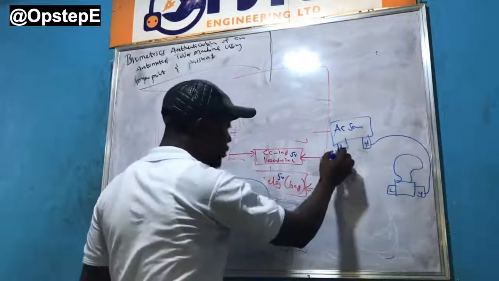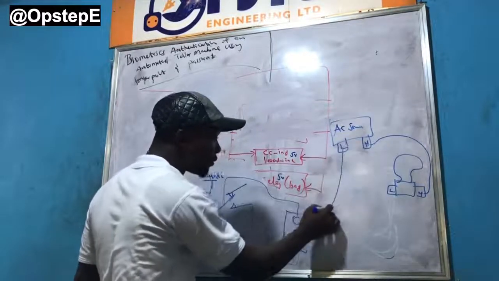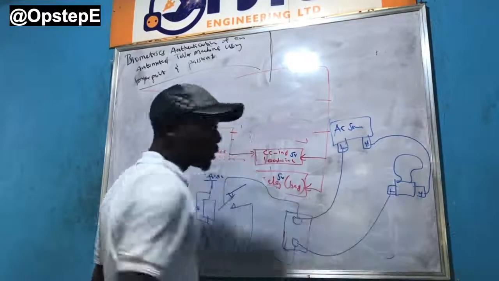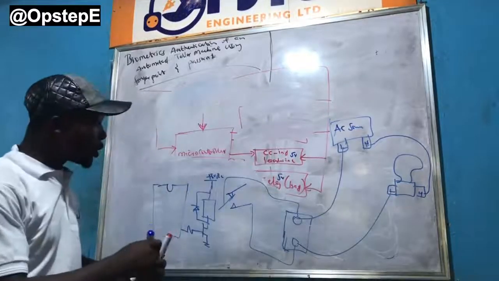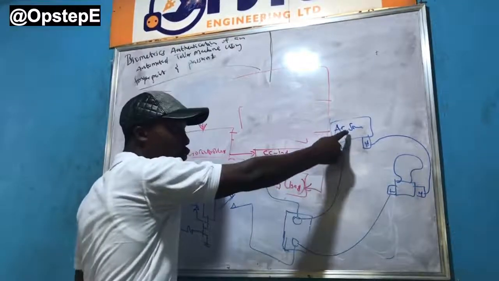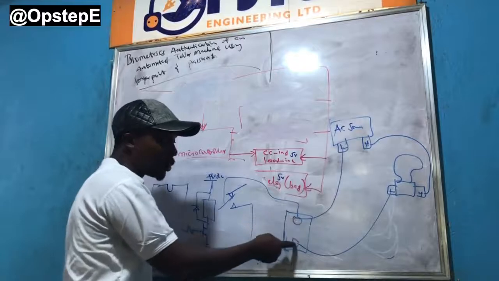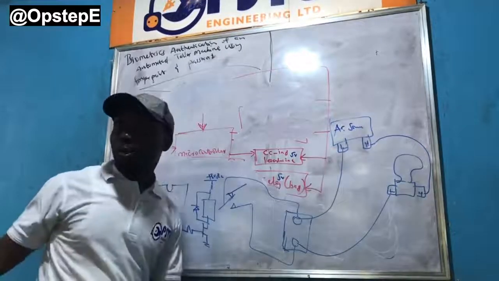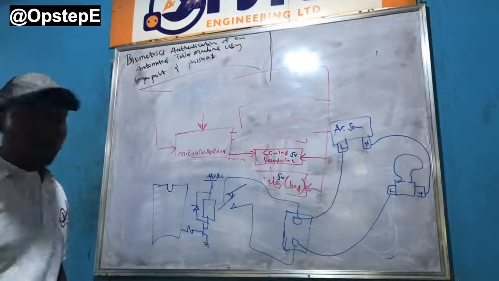Then from the source, I take the live here, then from here to the root. Does it make sense? So when the relay switches, the live on the source goes from this pin to this pin, and then to the load, and then the bulb comes on. Does it make sense?